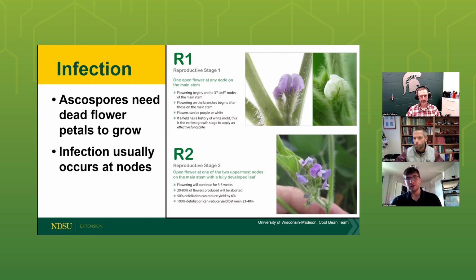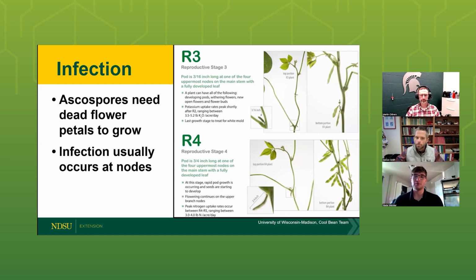So what I call the susceptibility window is from about R1 until about the beginning of R4 growth stage. So when flower tissues are present, oftentimes when they're starting to fall off and dry up, is when that infection is going to occur. And most often around that node where those flowers are present and they're just starting to form or they get stuck on the end of those developing pods.